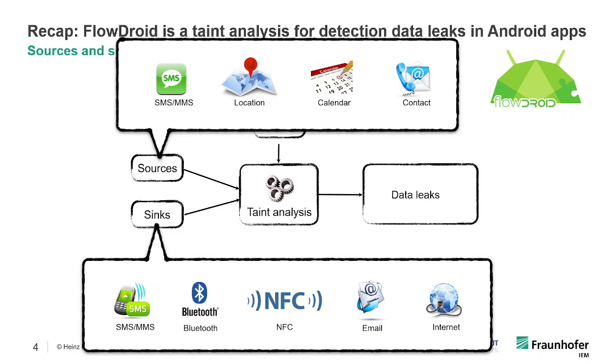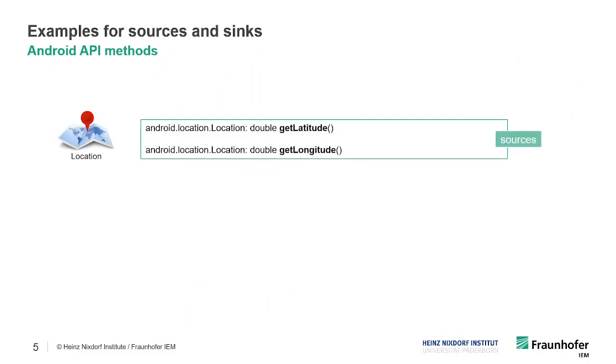So these are the definitions of sources and sinks in FlowDroid, and this actually allows FlowDroid to find data leaks. To see some examples now, we have here location APIs. So these are typical sources that FlowDroid also uses.